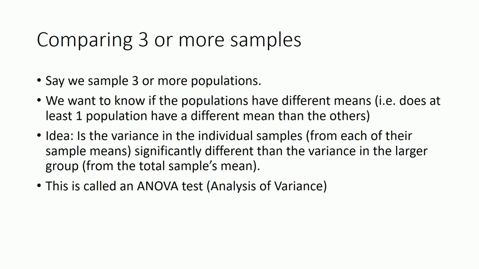And so the concept behind an ANOVA test is if we take the population as a whole and calculate the sample variance, compare that to the variances of all of the individual samples. So we can pool all of our data into one big sample and calculate that variance. Is that different enough from the individual samples' variances or not?